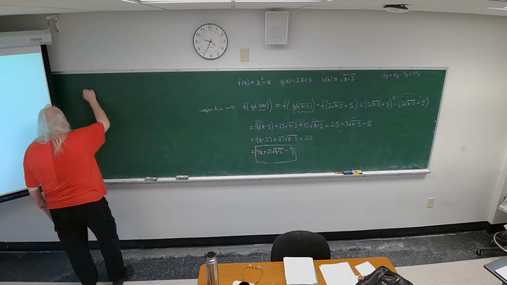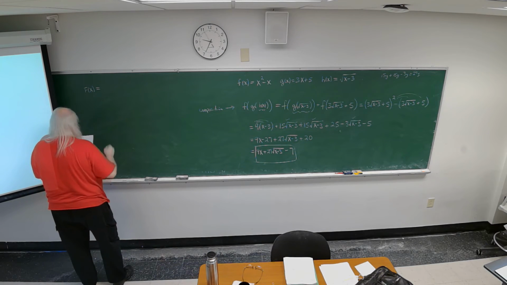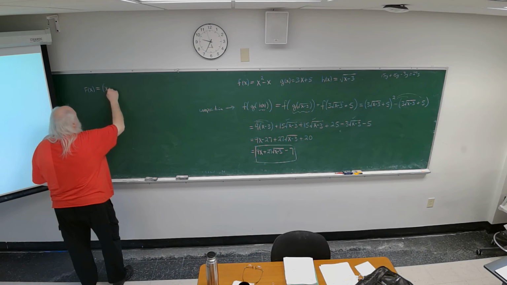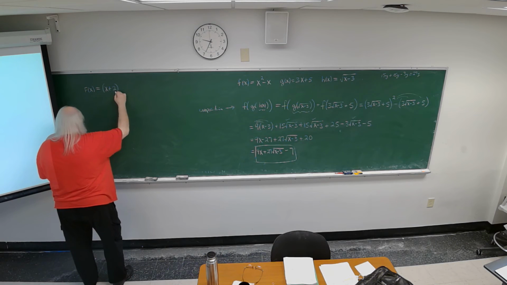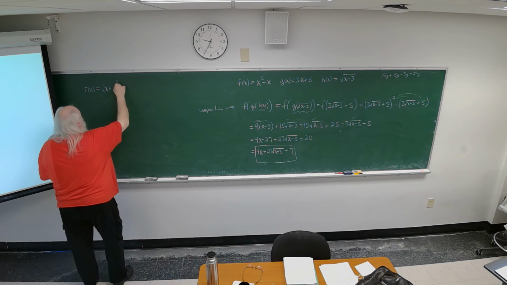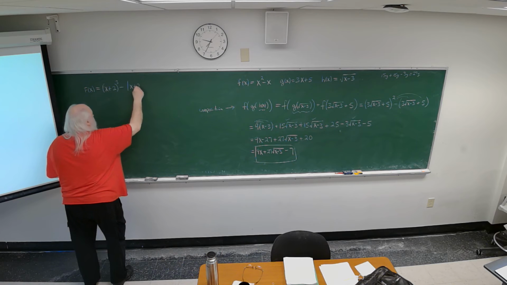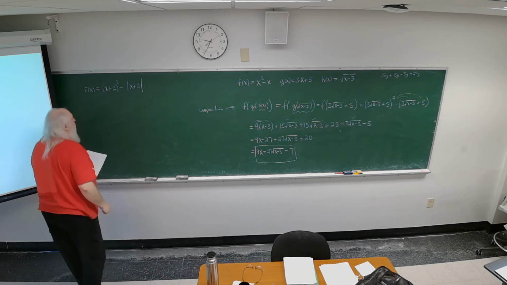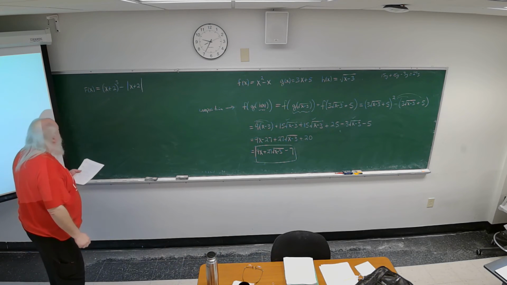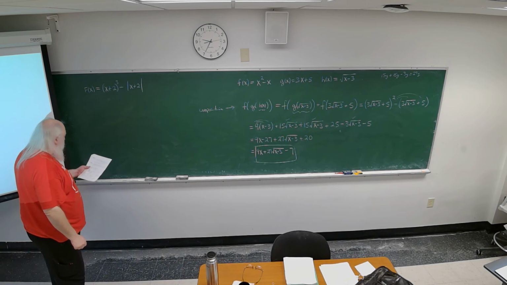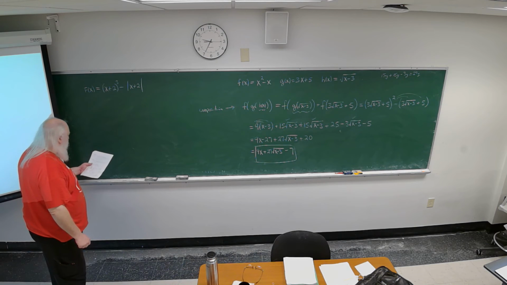So we have big F of x is equal to x plus 2 cubed minus the absolute value of x plus 2, right? Okay.